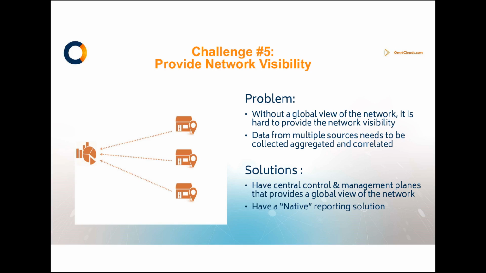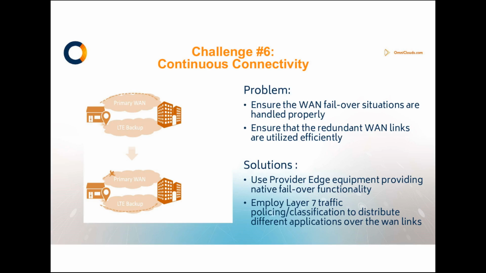The next slide is challenge number 6, continuous connectivity. As we mentioned, all of the IT transactions need to be up and running 24/7 without any loss. There are two aspects for branch connectivity to be considered. The branch needs to stay up continuously, and this needs a proper failover mechanism in case of a link loss.